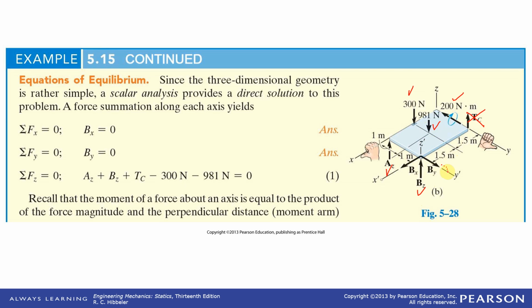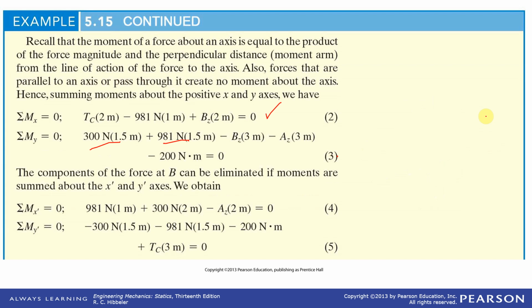This intersects the y-axis, and this is parallel to the y-axis. So BX and BY do not contribute to the moment about y. So we just take all the terms that I've checked. There it is, BZ times 3, AZ times 3, 200 Newton meters, 981 at 1.5 meters, and 300 at 1.5 meters.